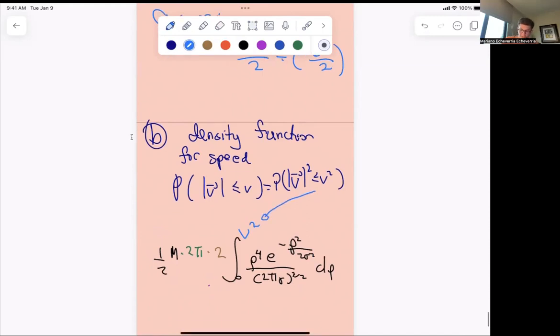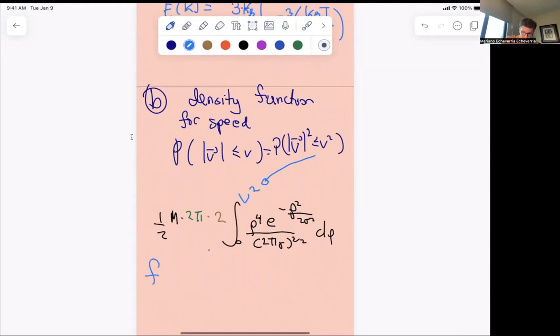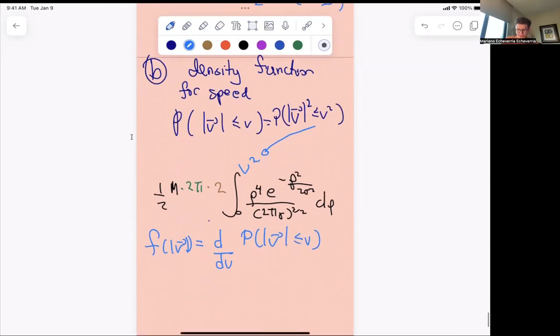And so the density function for the speed is the derivative with respect to v of this probability. That is a typical fundamental theorem of calculus type problem, so you can do it that way.